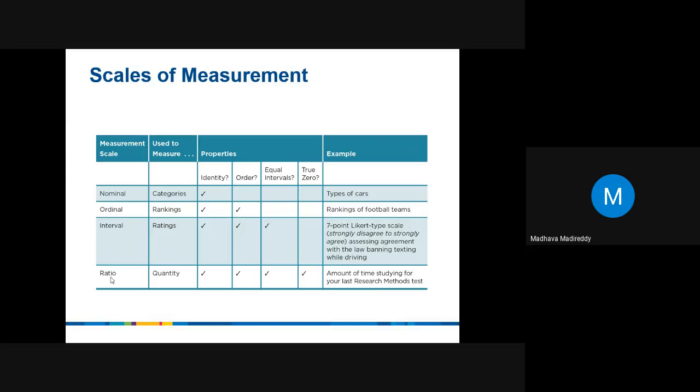So the ratio scale is any quantity, like height, 1.8 meters means you are 1.8 times longer than a meter, right? When compared to an exact meter scale, you are 1.8 times of that.